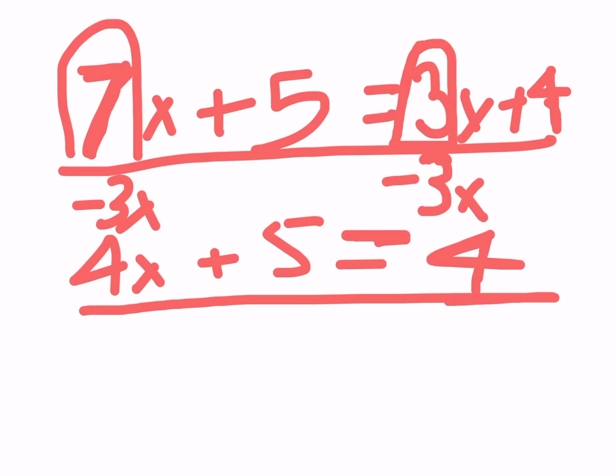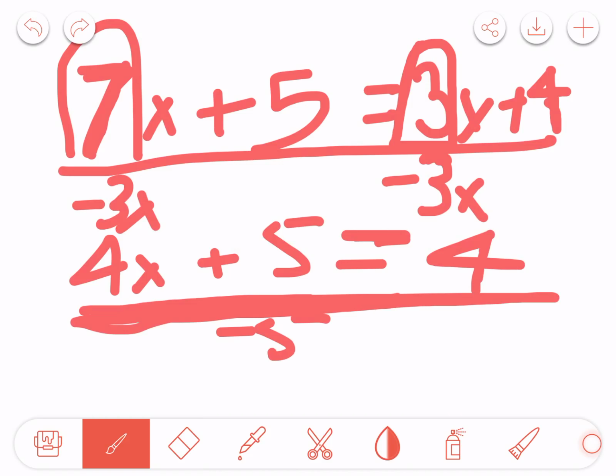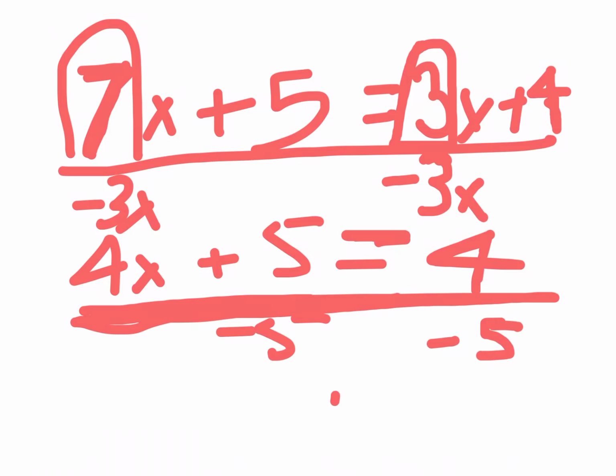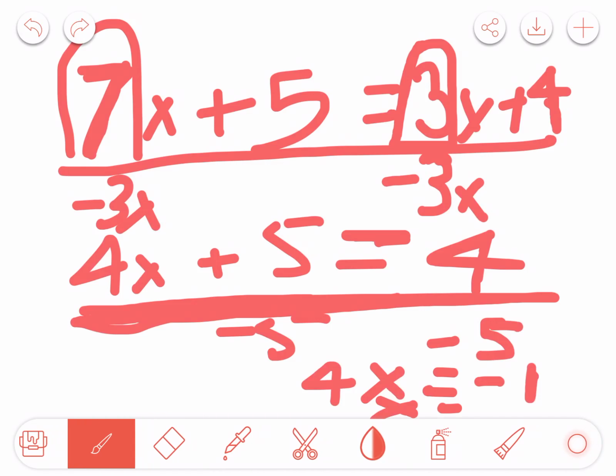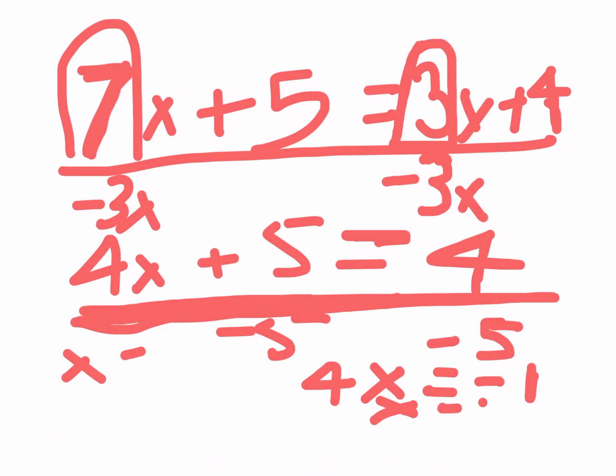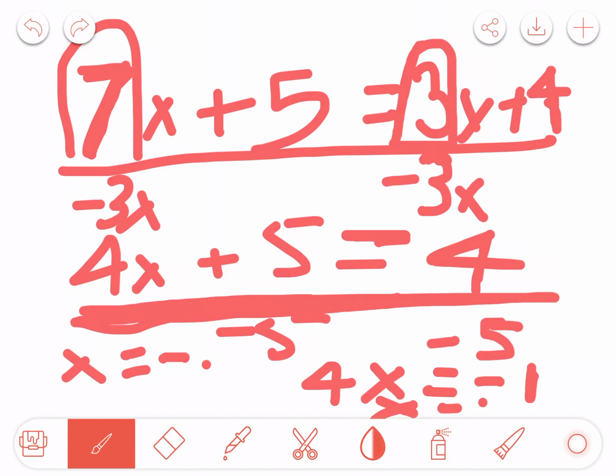You have to subtract 5 on both sides, and you get 4x equals -1. Now x equals -1 divided by 4, or -0.25 to be more specific.